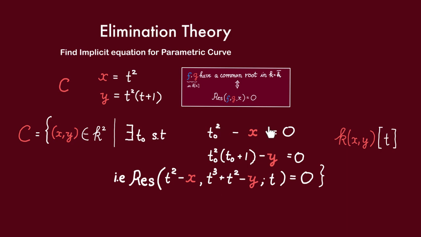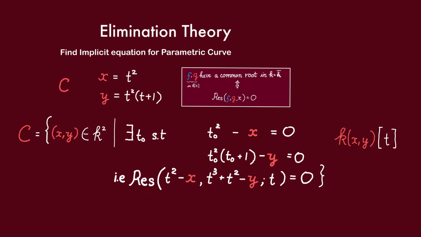Okay, so if we view these polynomials as having coefficients in k[x,y], then the resultant is going to be a polynomial in x and y. How does that have anything to do with our original problem? Well, this polynomial is the implicit polynomial for x and y. Because observe that a point x, y lies on the curve C if and only if it satisfies this polynomial.